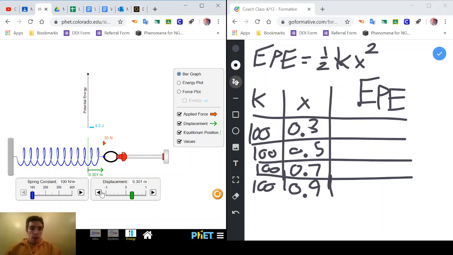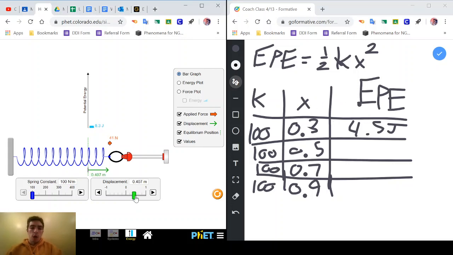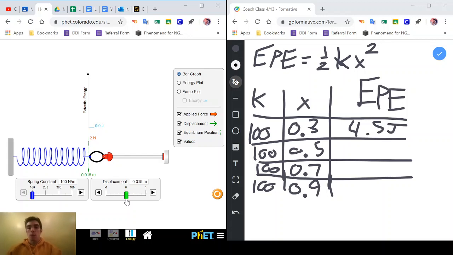And then I come up here to the potential energy, and there are 4.5 joules of energy stored within the spring as long as these two conditions are met. I could do the same thing for 0.5 meters and 0.7 and 0.9 meters, and record all of those in my table. And that's the first part of that second experiment.